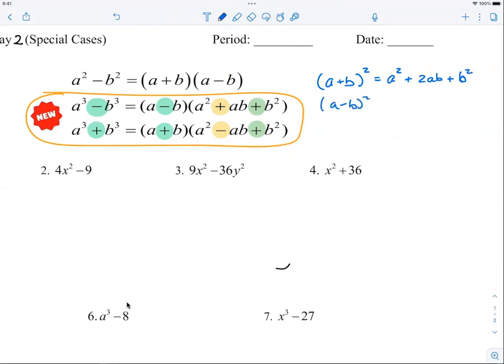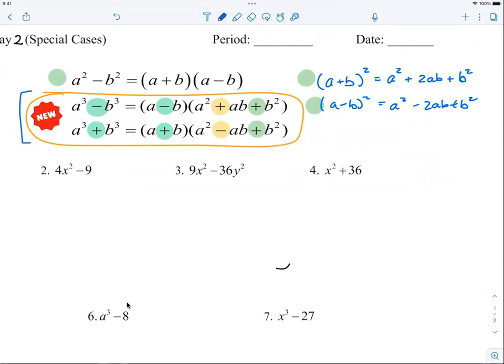A minus b squared is equal to a squared minus 2ab plus b squared. I hate to say this, but if you want to get a good SAT score, you better know these three very well. I don't think you need SAT for these two, but as you move on to higher level math, you certainly need this.